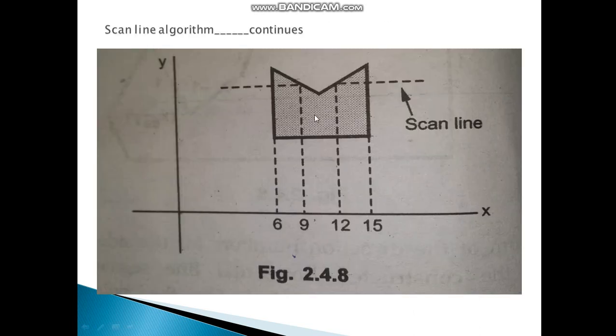Here, this is our polygon, and we have to fill this polygon using the scanline algorithm.